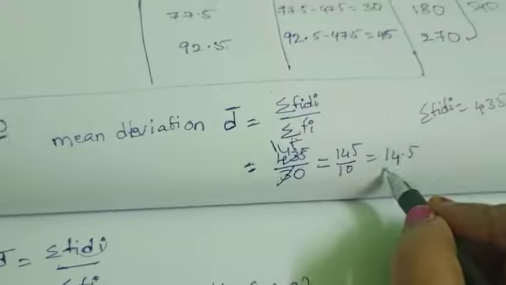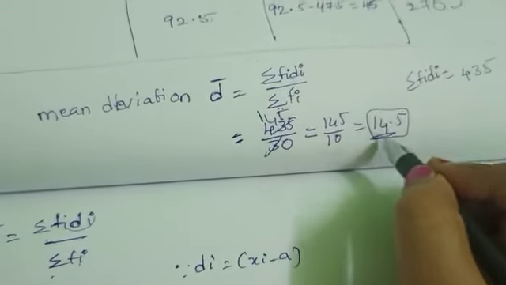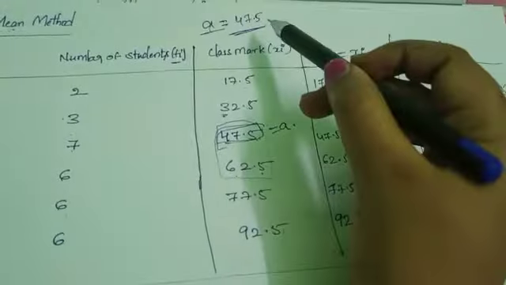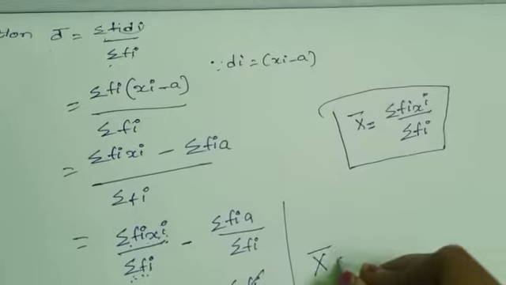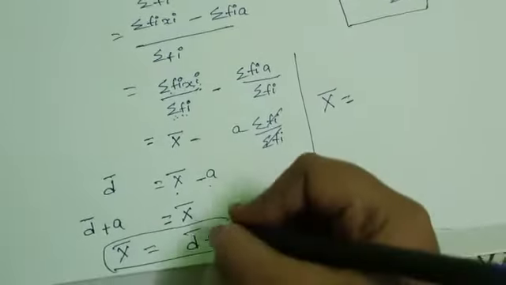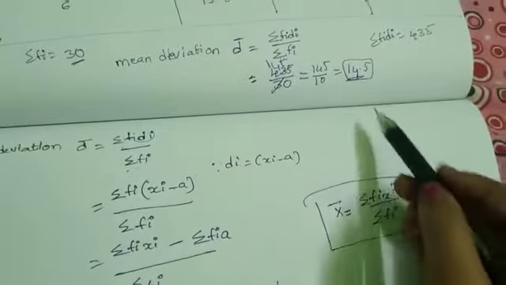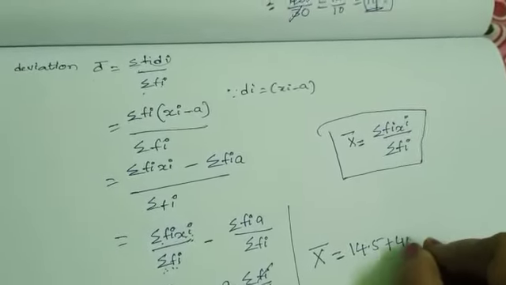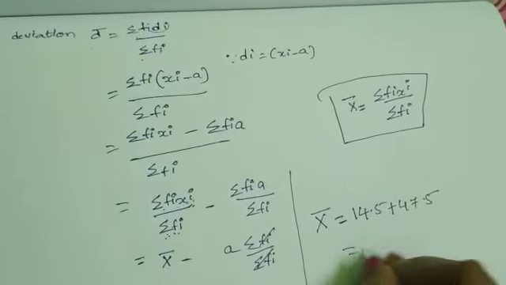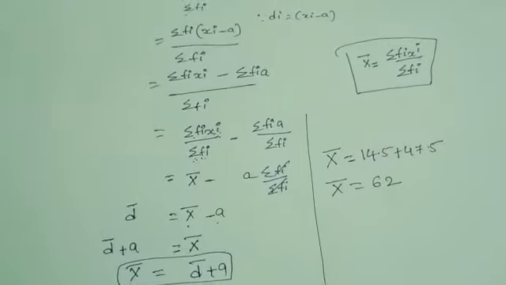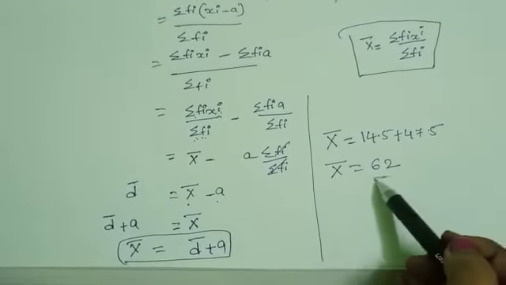We know the mean deviation is 14.5 and the assumed mean a equal to 47.5. Therefore we find the mean value: x bar equal to d bar plus a, 14.5 plus 47.5, which is equal to 62. Here we get mean equal to 62.